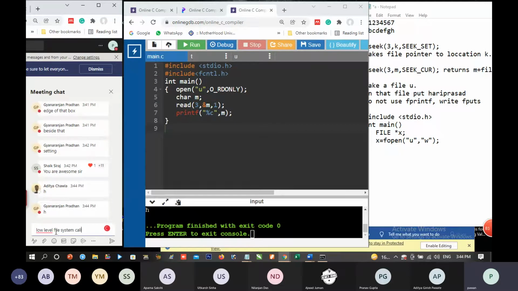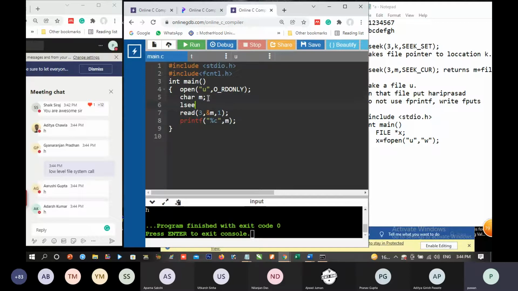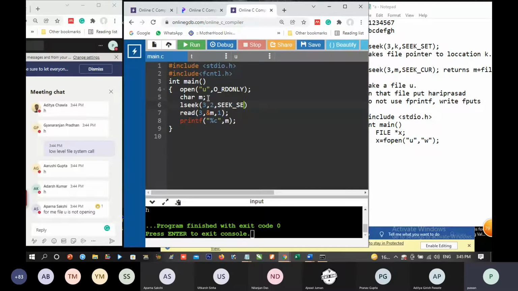Others should also do it. Now observe the output.